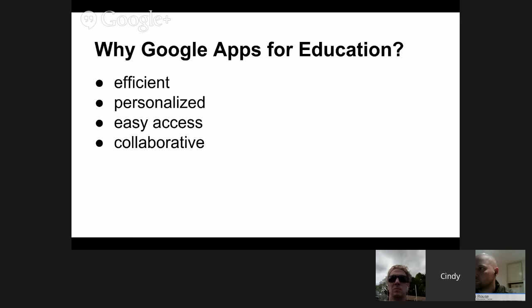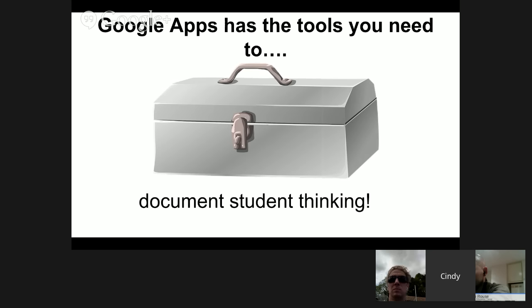So we focused on Google Apps for education for many reasons, and these are some of them, but also because it was something that he was also familiar with and already using with his students, but not in this particular way. So by the end of this, I will say that we found that the Google Apps had a lot of tools that, again, he was already using, and that we started to make a lot of connections with.